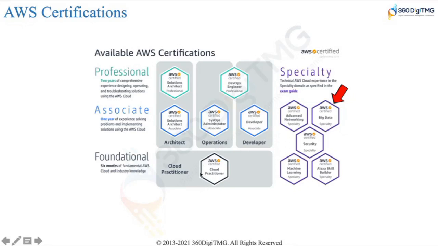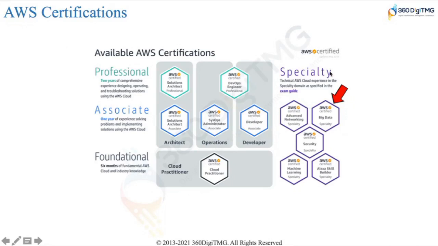Suppose you are a team manager or a quality manager, or someone not actually in the technical team, or a small-scale business owner whose business is running on the cloud, say AWS. Even though you don't work on your application, you need some knowledge. So for the basic foundational knowledge, cloud practitioner is the certification which you can study and clear.